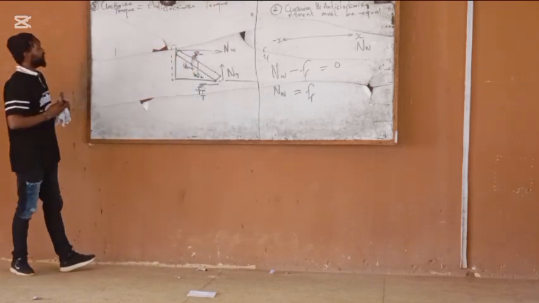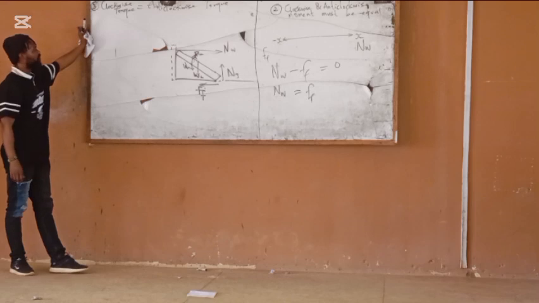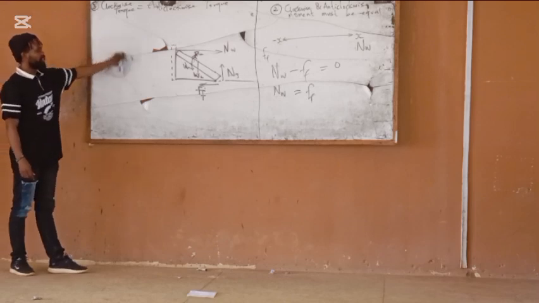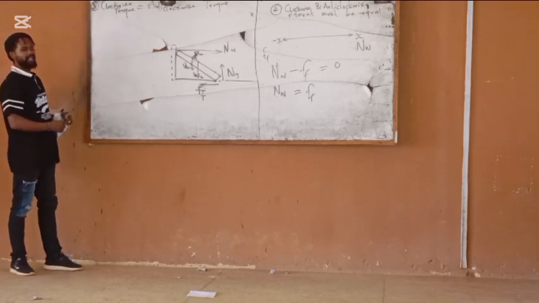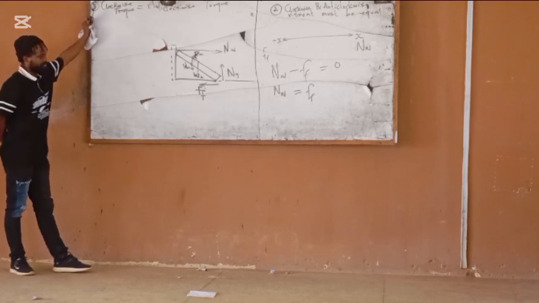Which means that you can say the sum of the torques must be equal to 0. It's the same thing as saying clockwise torque is equal to anti-clockwise torque. Now, what is torque? Remember that torque is simply force times perpendicular distance.